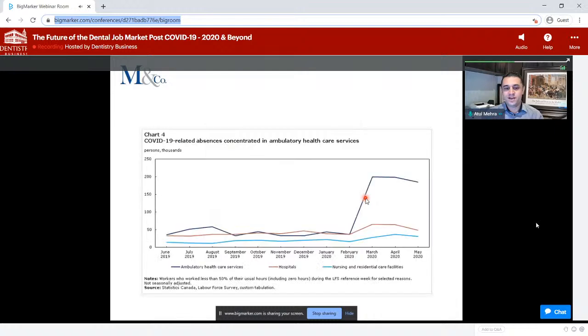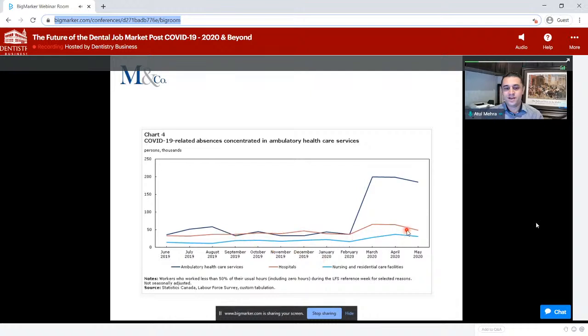So now this shows you a breakdown of the different industries in healthcare and how unemployment was affected in the different sectors. The red line is hospitals.